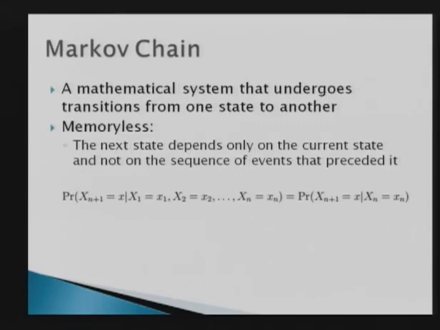And the main point of the Markov chain is its memorylessness. That means the next state only depends on the current state, and not on the sequence of events that preceded it. So here's the formal equation. We can see the probability of xn plus 1 is just based on xn.